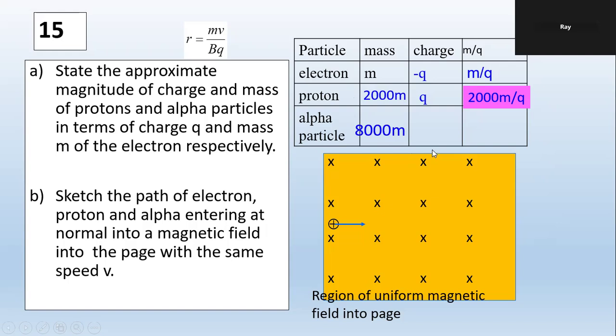What is the charge? Plus 2q, okay, good. M over q is 1000.